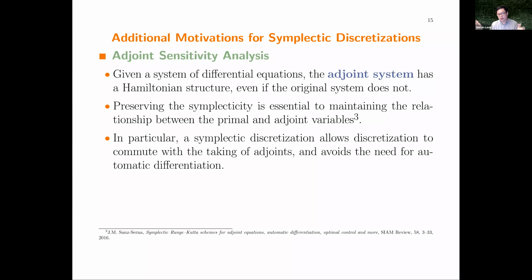The right way, in some sense, is to compute the sensitivity of the discrete system through something like automatic differentiation. But what this result is basically saying is that you can get the same result as automatic differentiation by discretizing the adjoint equations with a method which is symplectic. What I mean by that: say the original equations are discretized with a recursive method.